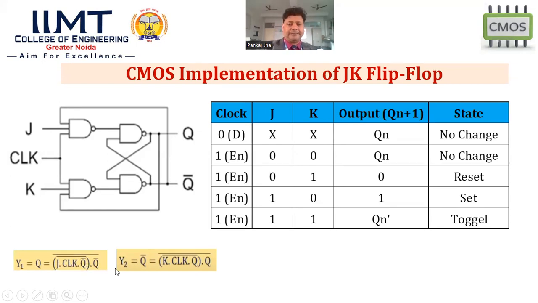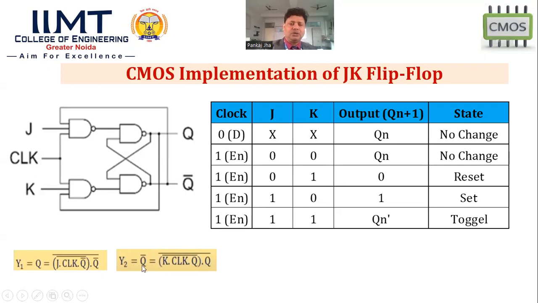Similarly, this Y2, Y2 means Q bar. What we did was K multiplied with this Q and multiplied with clock. K dot clock dot Q complement, since it is a NAND gate. Further it is multiplied with Q and the whole complement is there.